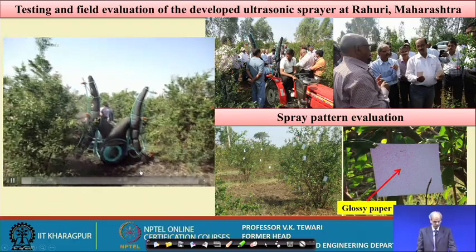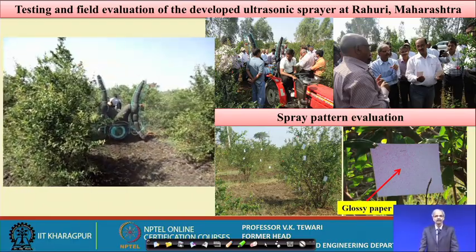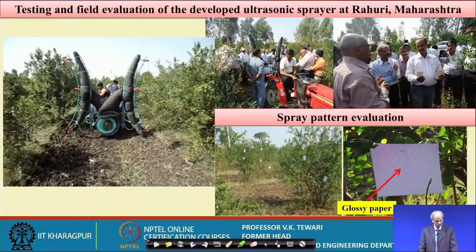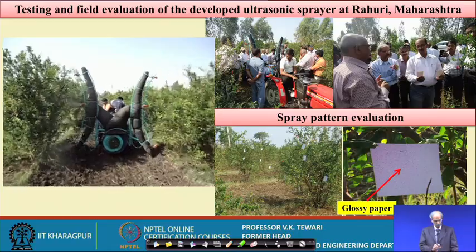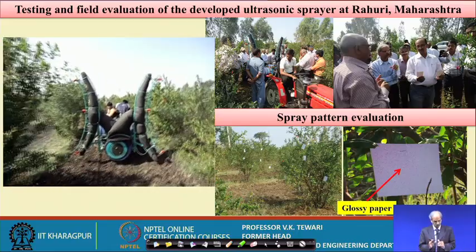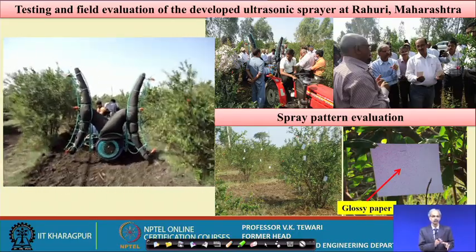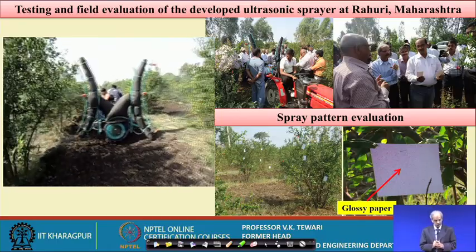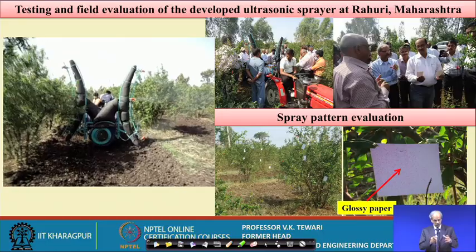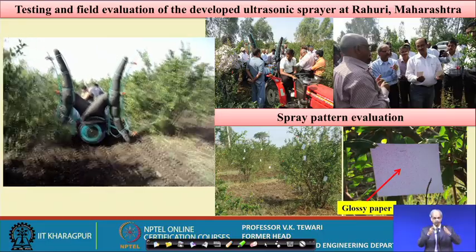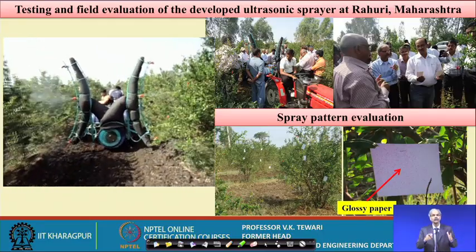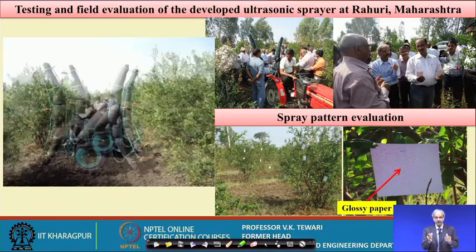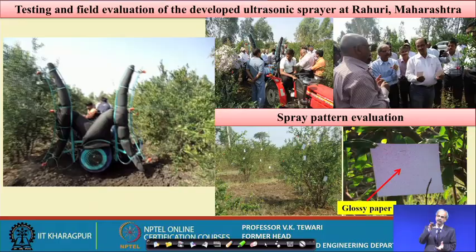Just have a look at this. You will be able to see that wherever there is a plant, it is spraying, and when there is no plant, the spray is not taking place, and this is on both sides. You can look at the performance, and see the way the nozzles have been oriented: from below, from the middle, and from the top.